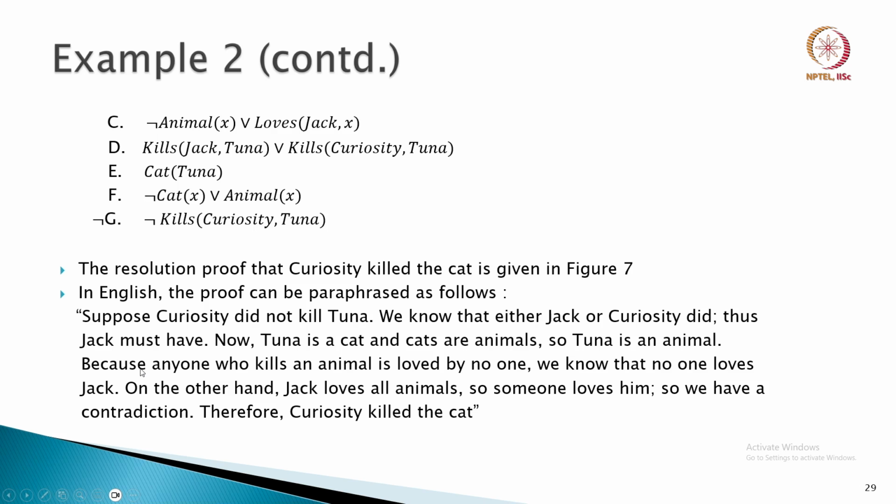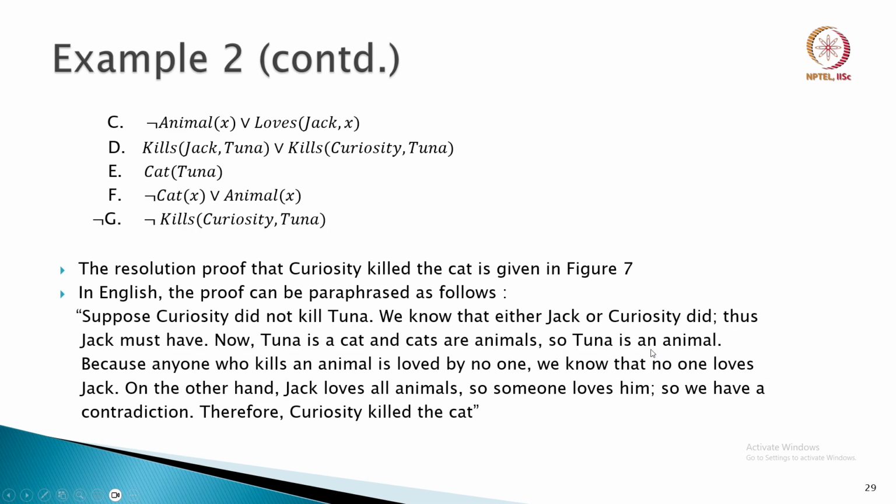So in English, if we look at this, it will give you an idea of why we are trying to take the negation of kills Curiosity Tuna. Suppose Curiosity did not kill Tuna, we know that either Jack or Curiosity did. Thus Jack must have. Now Tuna is a cat and cats are animals.